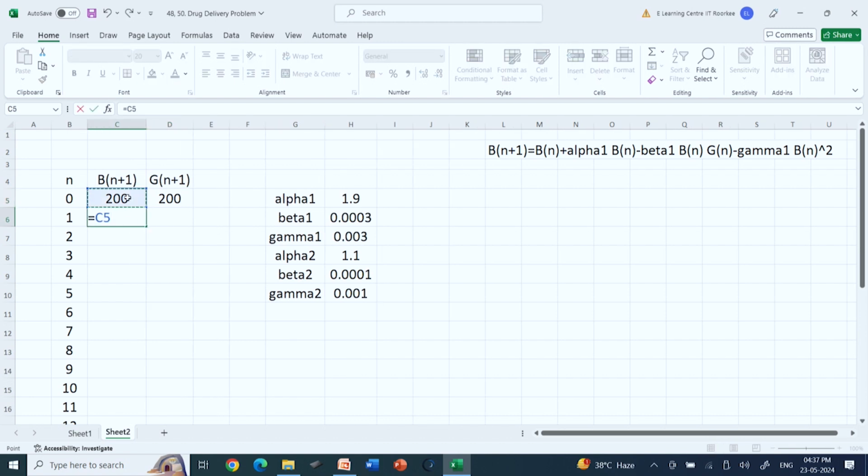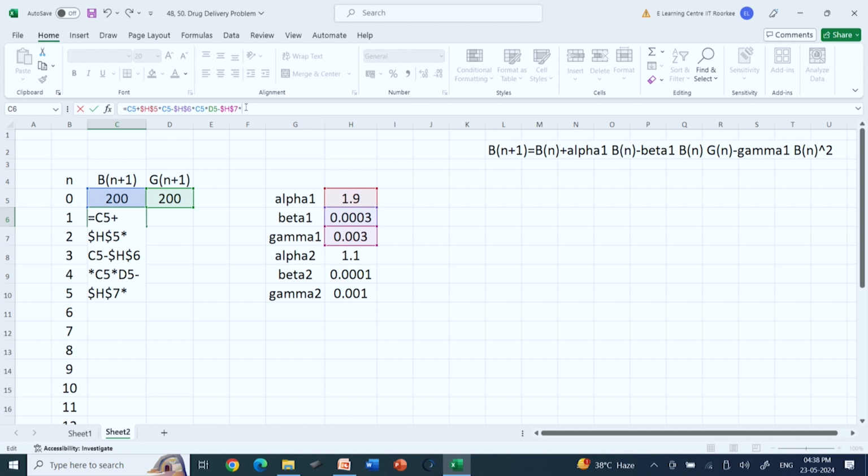So, this is equal to Bn, which is this, plus alpha 1, which is 1.9 and is a constant, multiplied by Bn, so again 200, minus beta 1, again a constant, multiplied by Bn multiplied by Gn, minus gamma 1, which is again a constant.